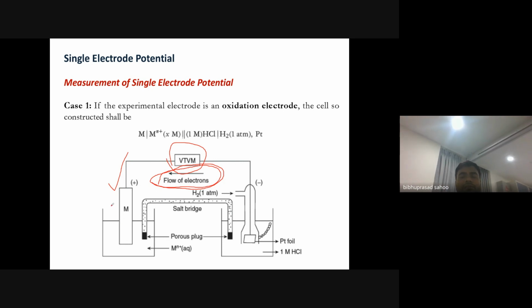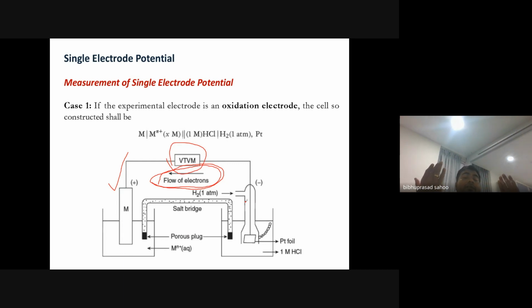I will also teach you the calculation. Secondly, students, coming to the diagram. In this diagram, I picked an unknown metal electrode and I picked SHE, and I joined them. Unknowingly, I put the hydrogen electrode on the right side and the metal electrode on the left side.